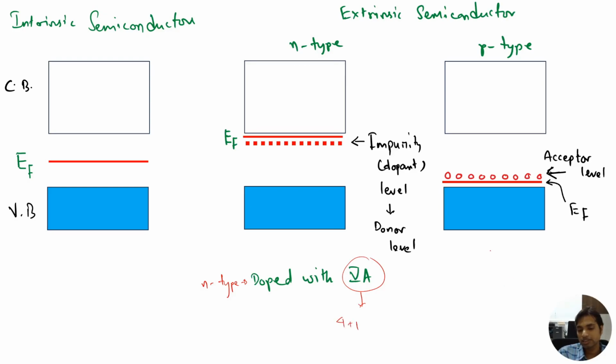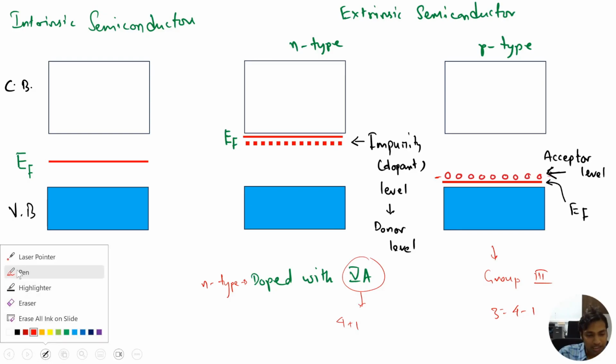For p-type, the semiconductor is doped with group 3 elements, so 3 instead of 4, one electron less. So in p-type semiconductors, an energy state will be created at this level, the acceptor level, which has empty states.